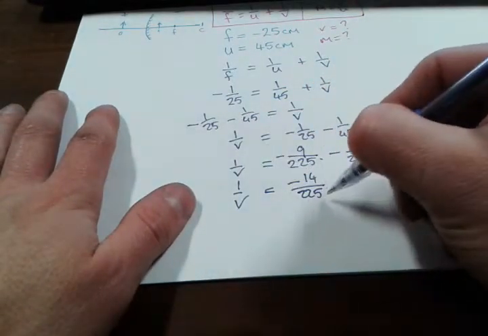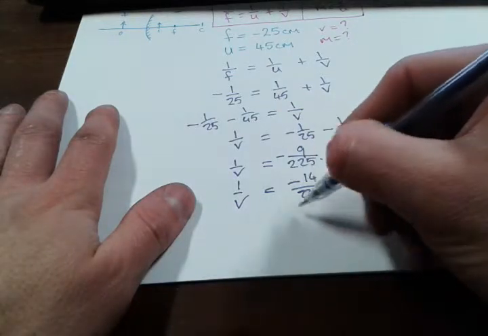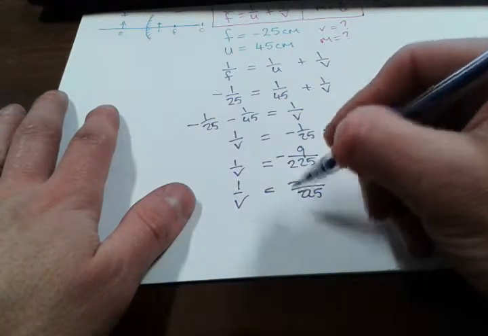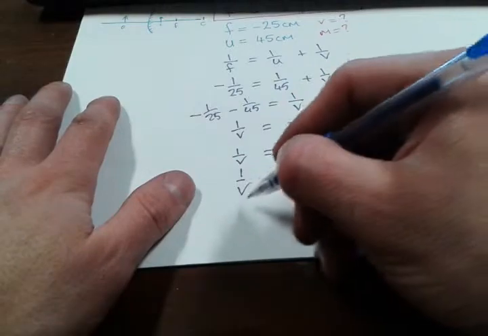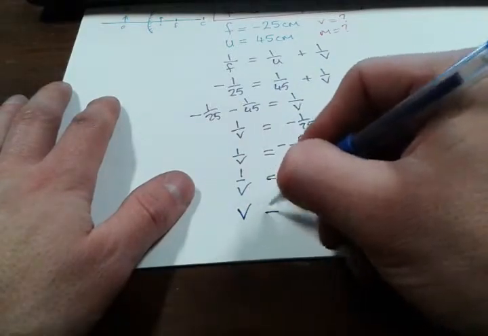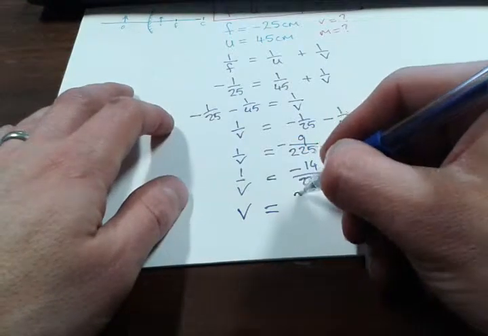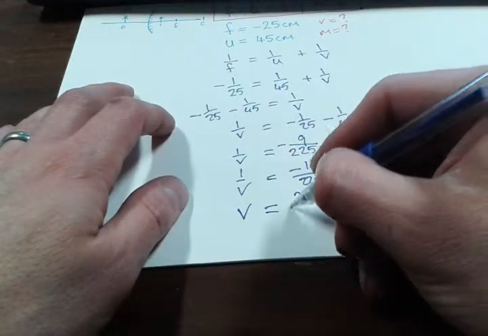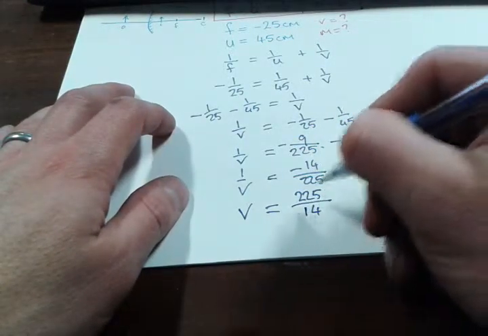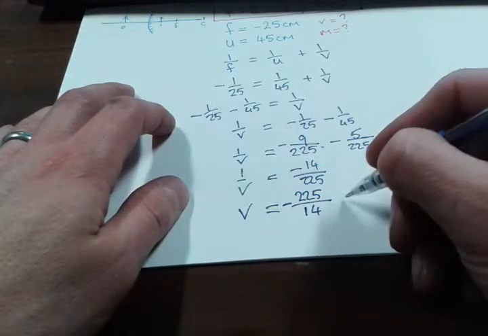This is looking right because I want a negative value at the end, and I've got a negative value divided by a positive value here, so that's looking good. V is equal to, I have to do the reciprocal on both sides, 225 over 14, but I've got a negative sign in front of that.